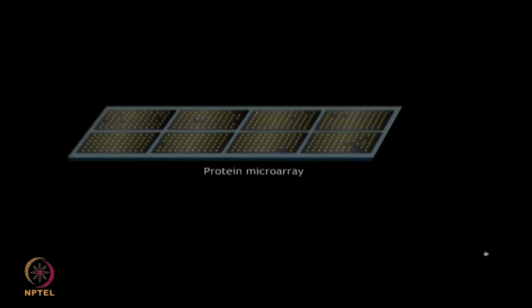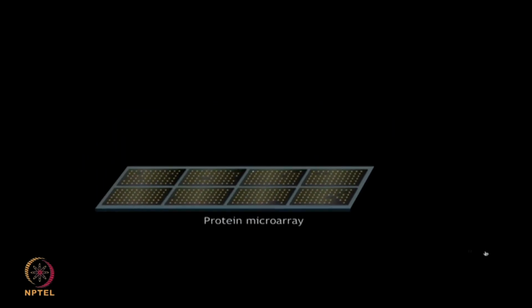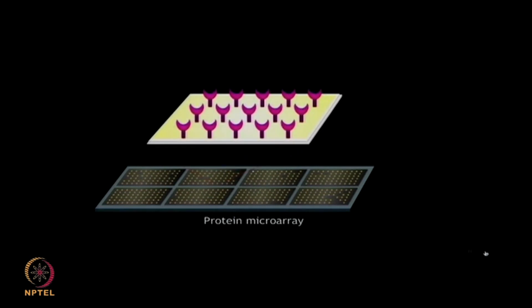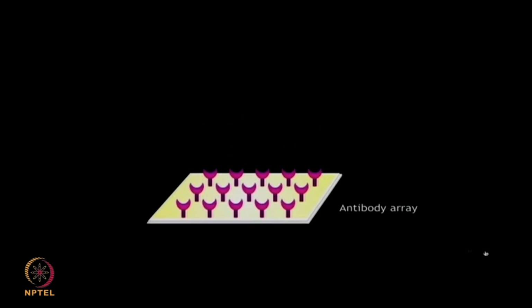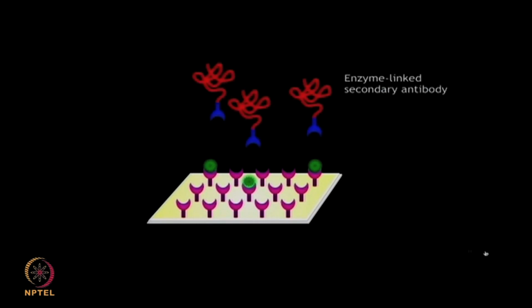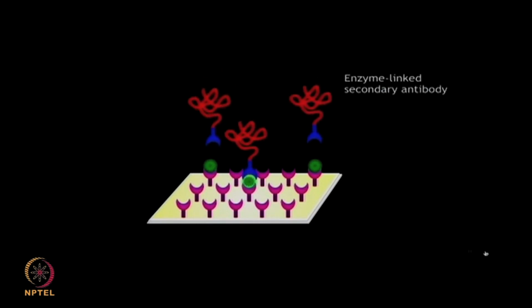The antigen of interest binds to the corresponding antibodies which are coated on the microarray surface. The array is then probed by an enzyme linked secondary antibody that is capable of recognizing a different epitope on the same antigen.